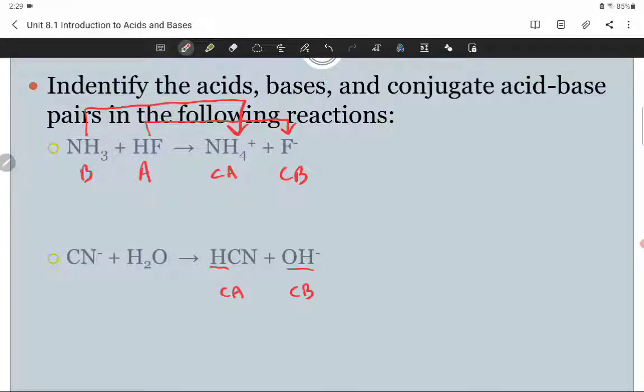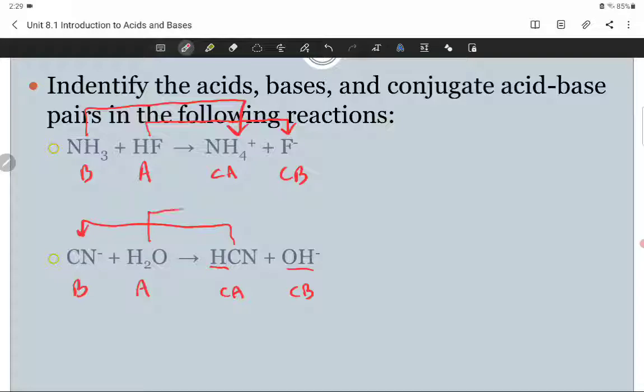Remember, conjugates are on the right side. Don't use the word conjugate for anything on the left-hand side. So HCN is related to CN minus. So if HCN is the acid component, then the CN minus has to be the base component. And then it's never acid reactions. It's never base reactions. It's an acid-base reaction.